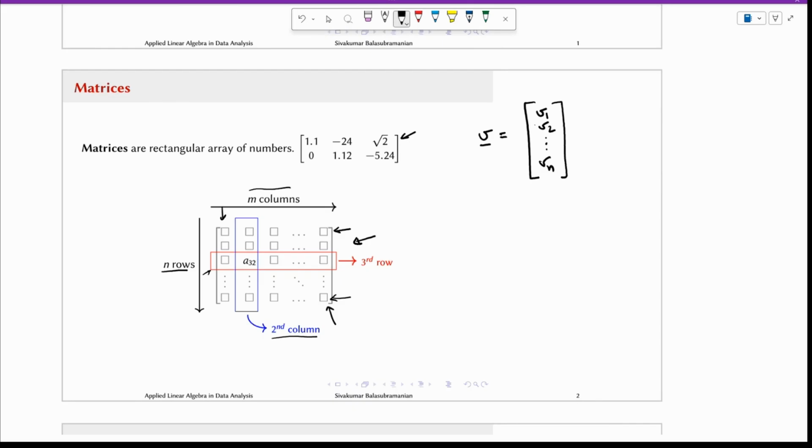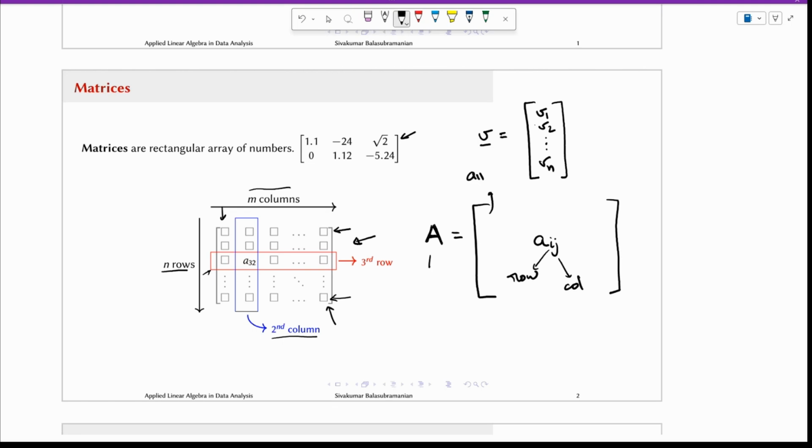If I have a matrix A, the elements of the matrix, we will use this small letter a, and it's because there are now two dimensions. It's not just a line like a row or a column. It's got rows and columns. The elements will have two subscripts, i and j, where i represents the row number and j represents the column number. That means the first element of the matrix would be a11.